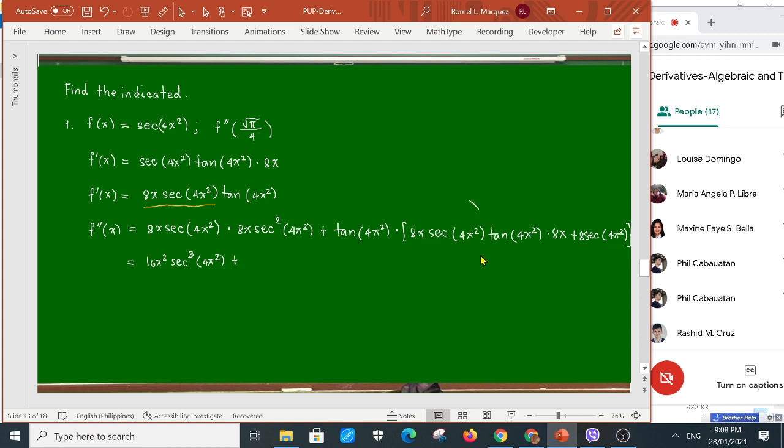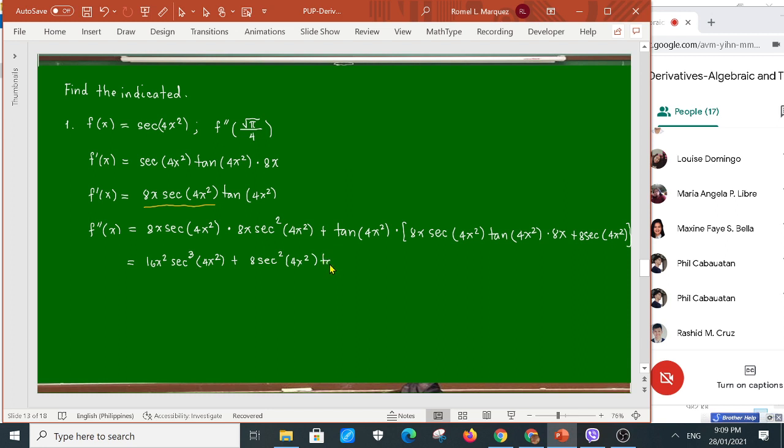Plus, what about this? O, distribute. Ano bang common dito? Common na lang 8 tsaka secant. Tangent, unahin ko secant. Secant squared. The first derivative of the second plus the second derivative of the first, wala, 8 lang. Secant of 4x squared.